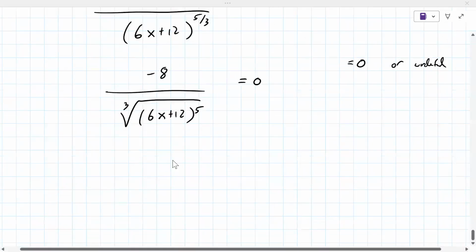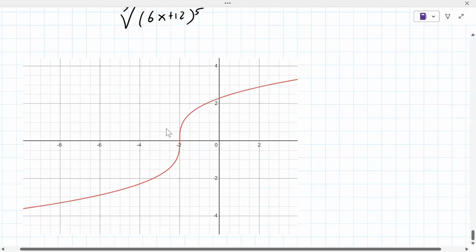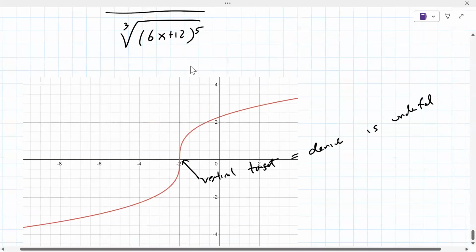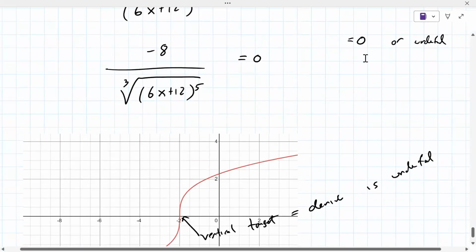Calculus is actually better taught with graphing everything. So this is the original function. So right here is a vertical tangent, and the derivative is undefined there. Okay. So it's not just setting it equal to 0, it's also where it's undefined.